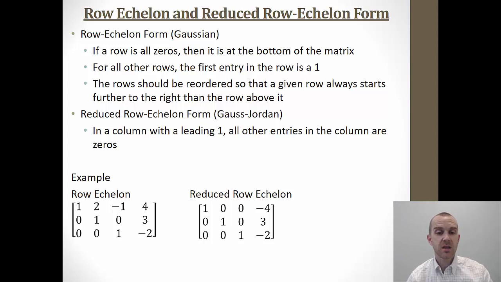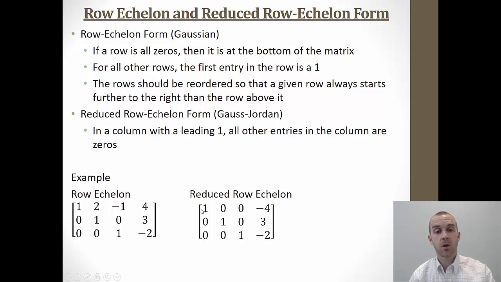But if you see in the row echelon form, there can be other numbers inside of a row after that leading coefficient. What happens then is we have to go back and back substitute to find the rest of the solutions. So typically you'll have a single solution at the bottom and you'll work your way up the rows, solving those equations.